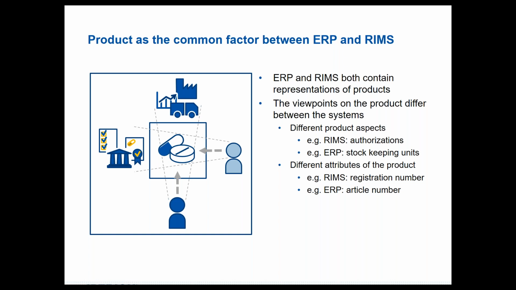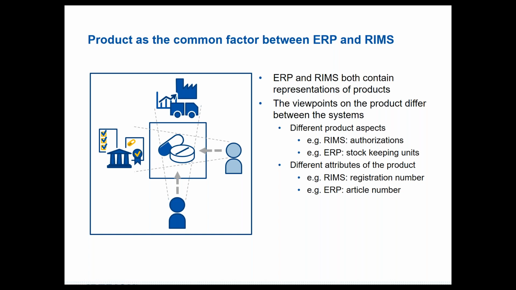We may use different terminology to describe those products, and we might assign different attributes to them, but actually the central point of the products is still there. The fact that there are different attributes in both systems actually allows us to get the information that Fritz has told us about we want to exchange between those systems.